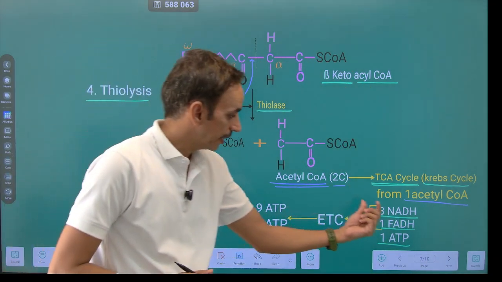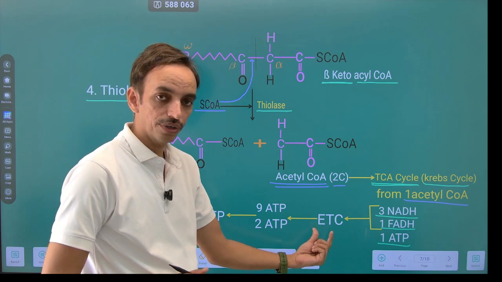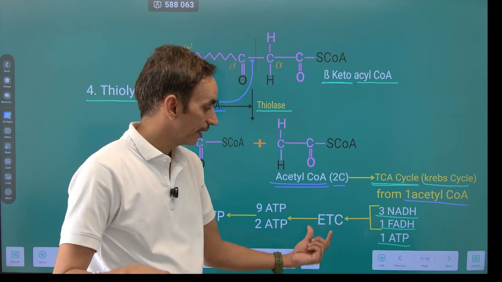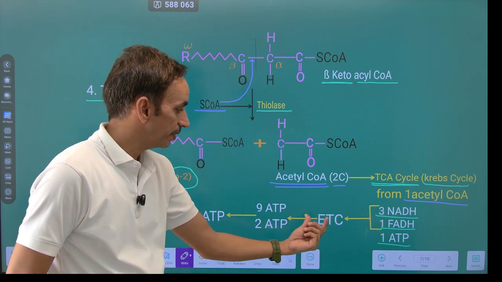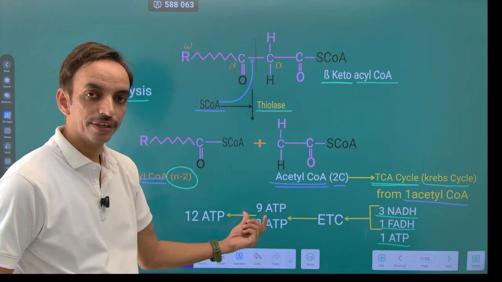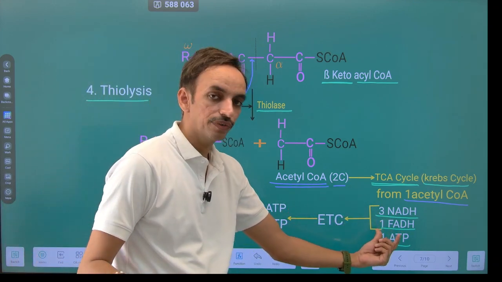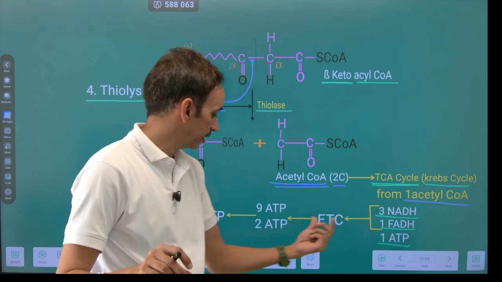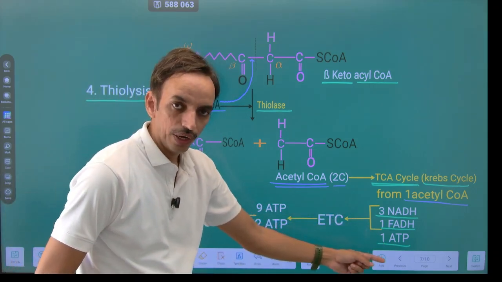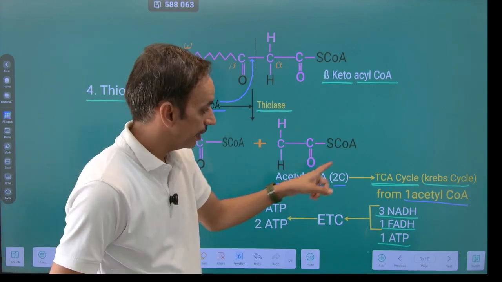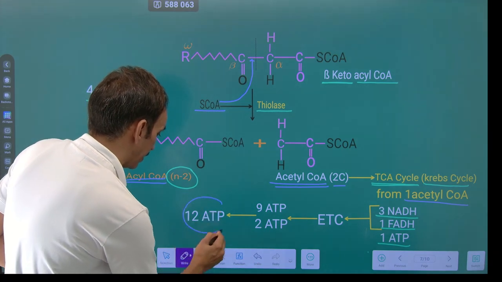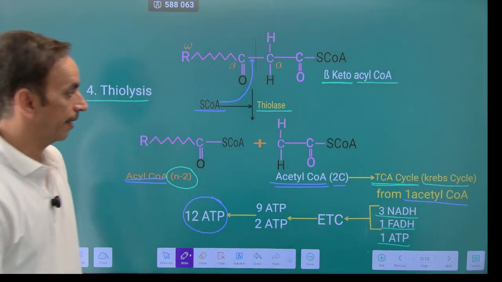When NADH gives electrons to the electron transport chain, which occurs within the inner mitochondrial membrane, from 1 NADH we get 3 ATPs. So from 3 NADH we get 9 ATP. From 1 FADH2 we get 2 ATPs. 9 plus 2 is 11, plus 1 is 12. So from 1 acetyl coenzyme A in the TCA cycle, we get 12 ATP equivalent energy.